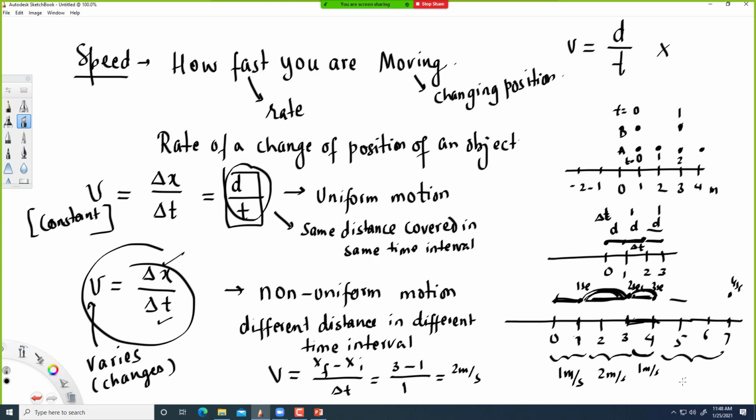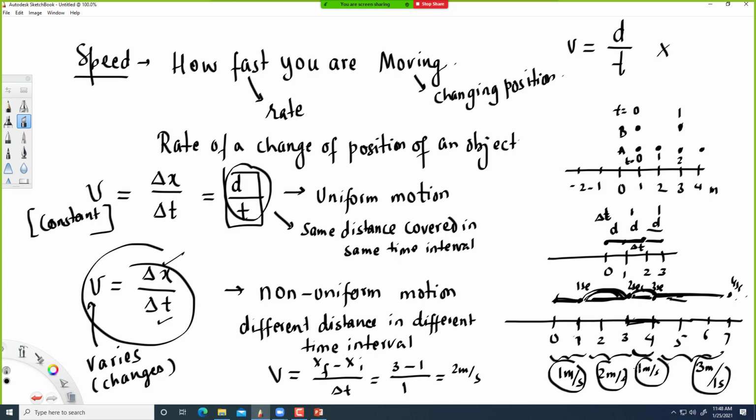And from here to here, from 4 to 7, what's the speed? Change in position is 7 minus 4, which is 3, and the time is 1 second. So 3 meters per second. You see, at each and every instance, the speed is changing.